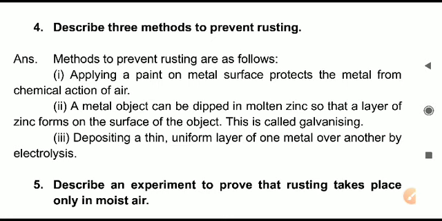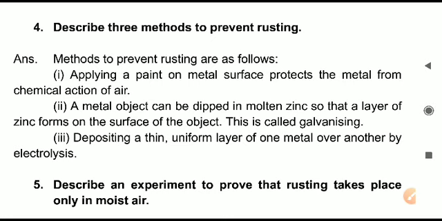We can take any iron object in the factories, and the iron object is dipped in molten zinc. Zinc is a solid, but on heating it converts into a liquid, it melts down. When the zinc has melted into a liquid, it is called molten zinc. So in that liquid zinc, we will dip an object of iron. When we have dipped it, what will happen?